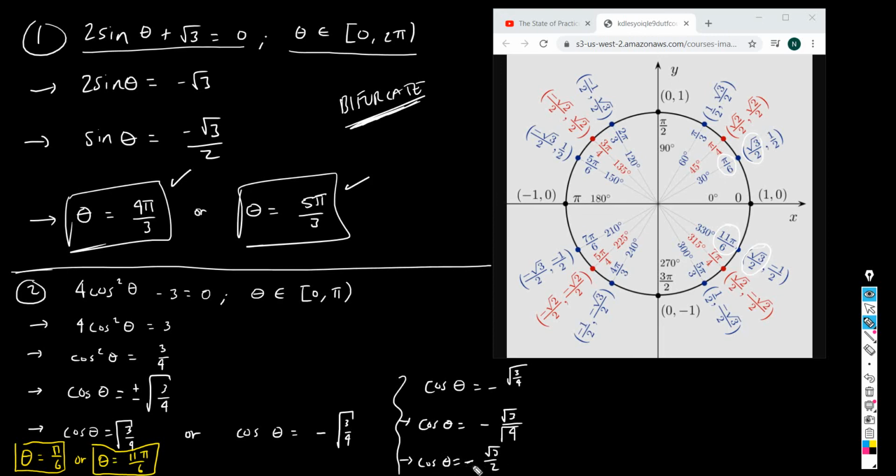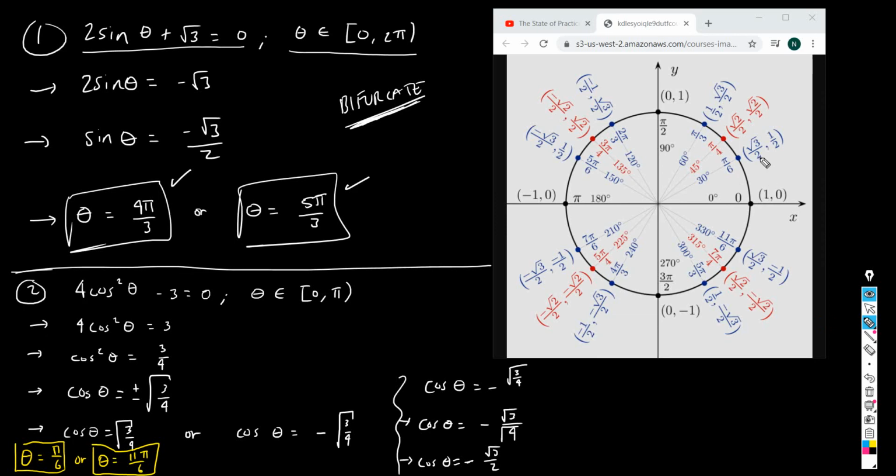Okay, so now all I need to do next is take a look at this image once again and investigate for what angles theta I get that the cosine of theta is equal to minus the square root of 3 over 2. In other words, I need to look at the x-coordinates of all of these points for all of these angles, and I need to find minus the square root of 3 over 2.